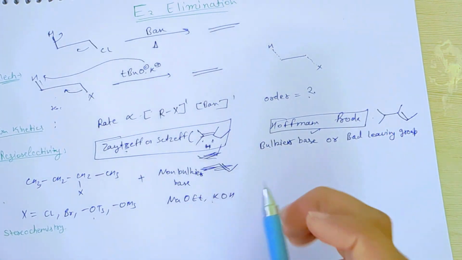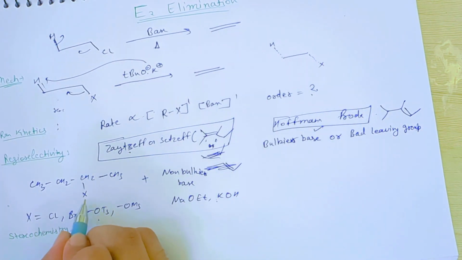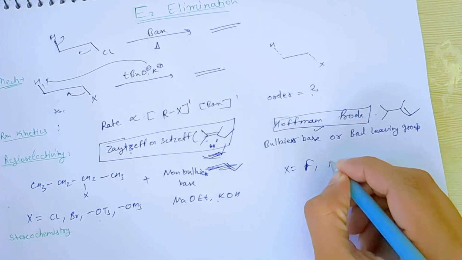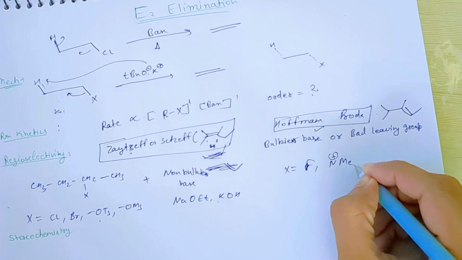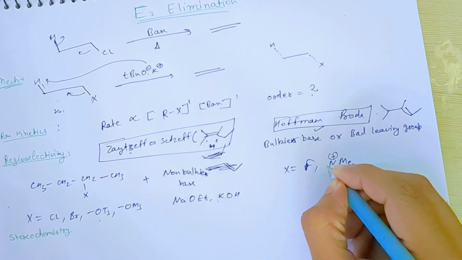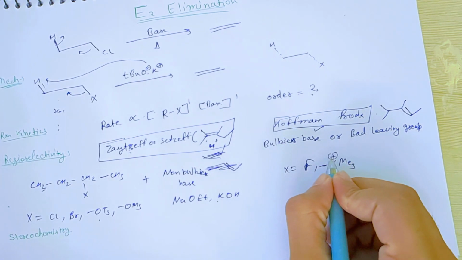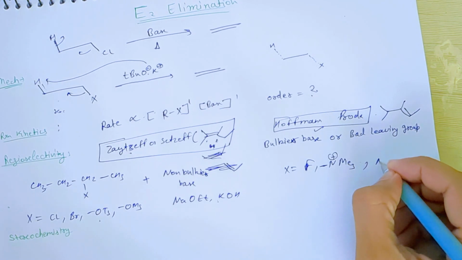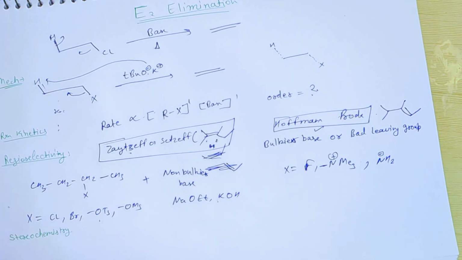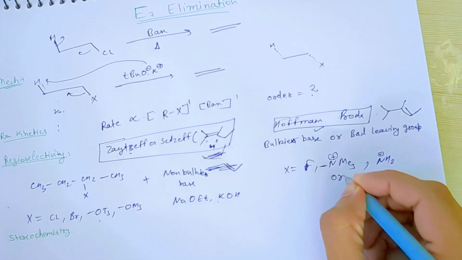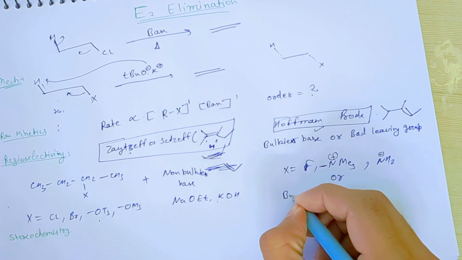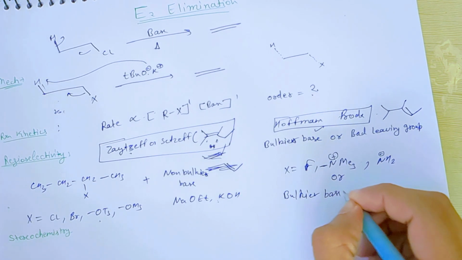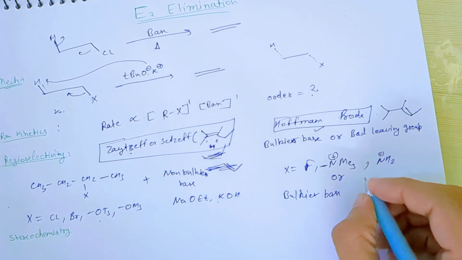And if the halogen we use as a leaving group is fluorine, and the tertiary amine, it is also substituted. That's why it makes 4 bonds and I put a positive charge on it. And if there is NH2, or if there is a bulkier base like tertiary butyl hydroxide or tertiary butyl potassium, and why?